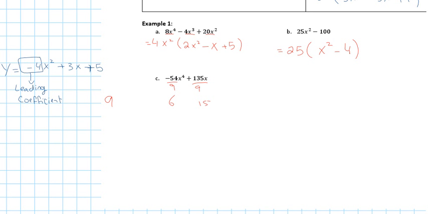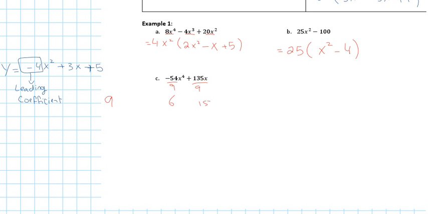So 9 is not my greatest common factor. It's a common factor, but it's not the greatest. If I'm going to take another 3 out, 9 times 3 gives me 27. That's why I know my greatest common factor is 27. So if you think it's 9, look at the numbers and see if you can still factor something else out. You're going to find that yes, you can factor a 3 out.